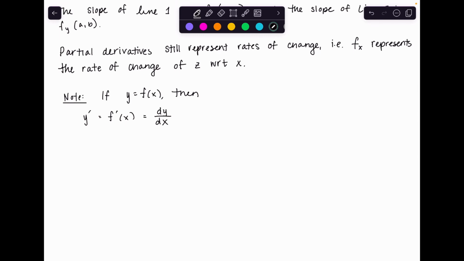Now, when we're talking about partials, we still have analogous notation, and then a couple extra ones that we use here. So these derivatives are representing a full derivative because there's just that single variable dependence. And same thing, this prime notation is solely used when we have single variable dependence.